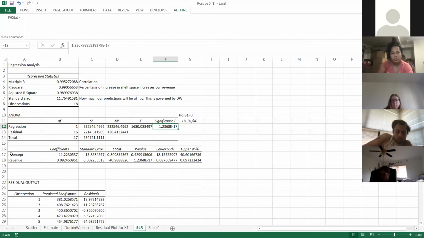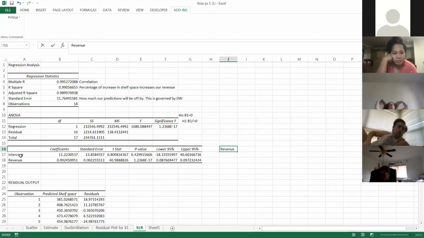Okay? What this is telling us right here, looking at our coefficients, that 11.22, tells us how much revenue, or cost, it doesn't matter, because right now we're looking at revenue, but if we were looking at cost, it would tell us how much cost.